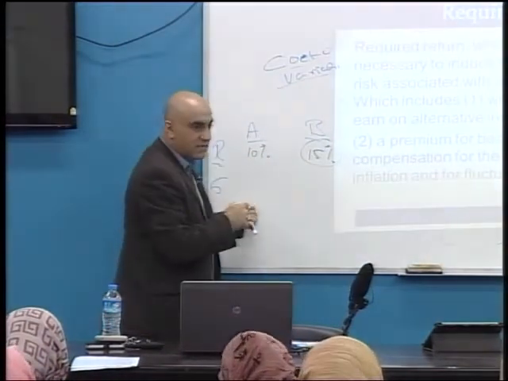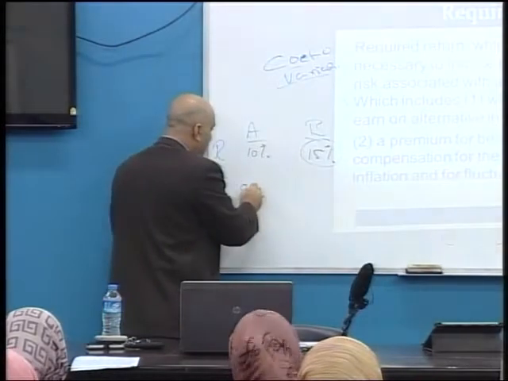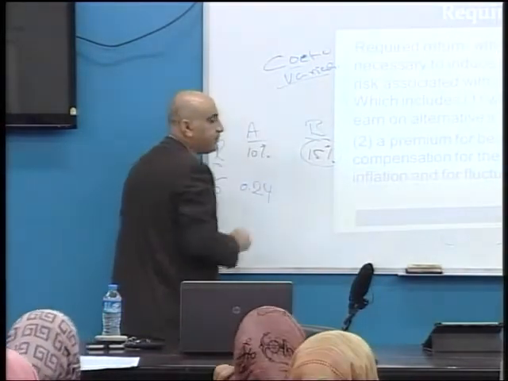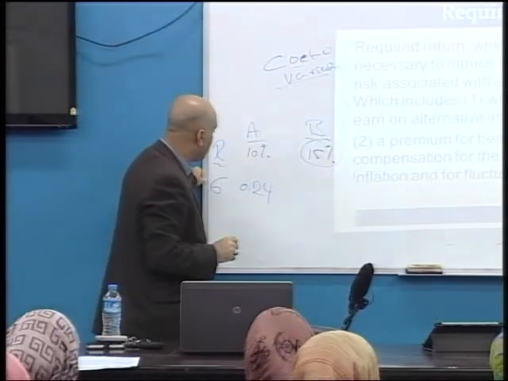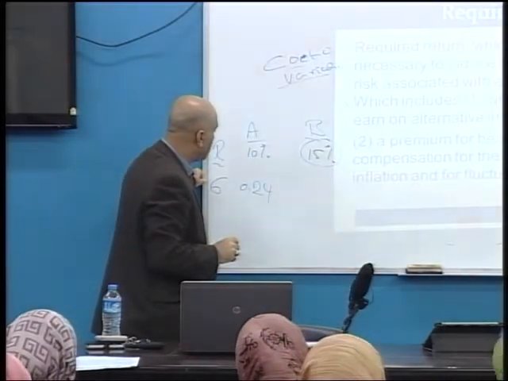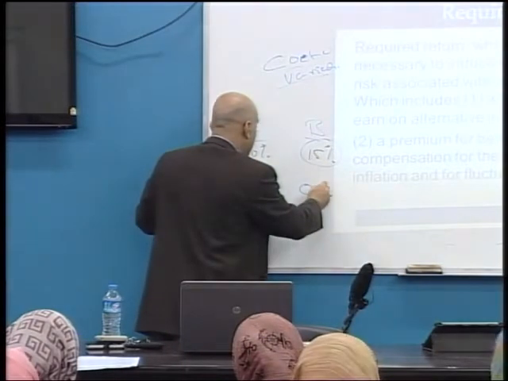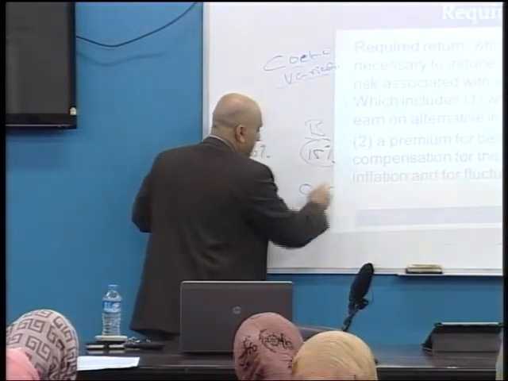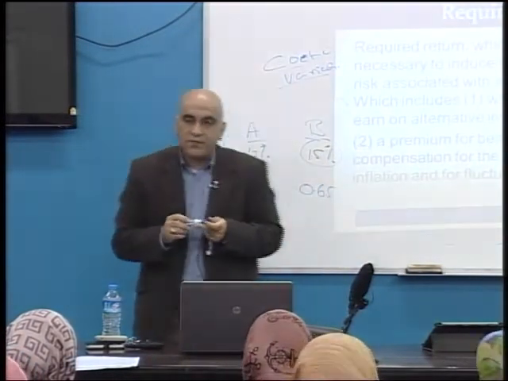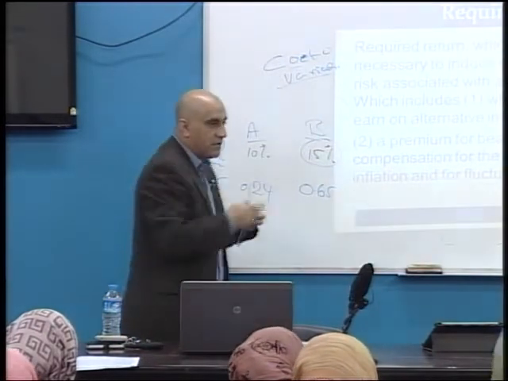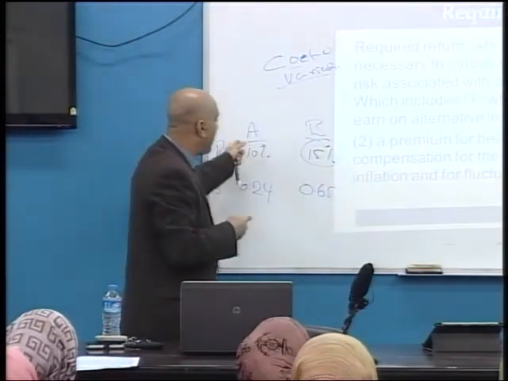Now, in terms of risk, if I give you 24, this is the standard deviation, and here is, let's say, 65. Now, in terms of risk, with both of them together, which do you prefer, A or B?